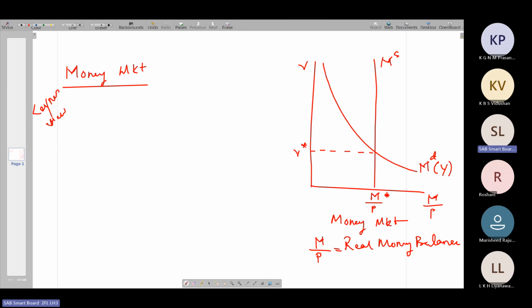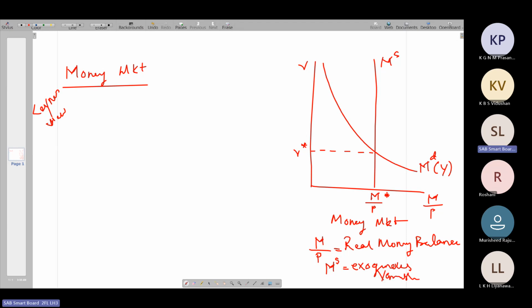Why we demand money: the transaction, precautionary and speculative motives. Money supply is determined by the central bank. That's why we drew it as vertical, because it's an exogenous variable, determined outside the model by the central bank.